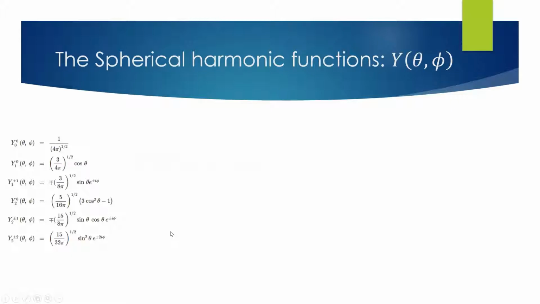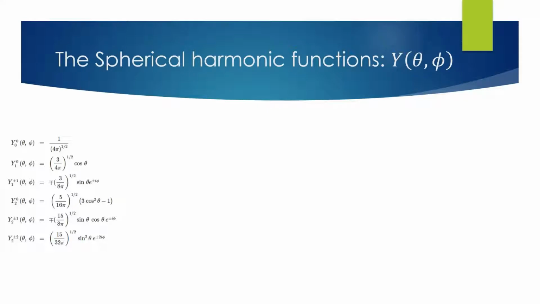So here are the first few solutions of the spherical harmonic functions. This first one, when the quantum numbers are 0 and 0, we just have 1 over the square root of 4 pi. And there's no angular dependence. That's just a constant. In spherical coordinates, that means at every angle we have the same value, which is then a sphere. So this first function represents a sphere. All the other functions are more complicated.